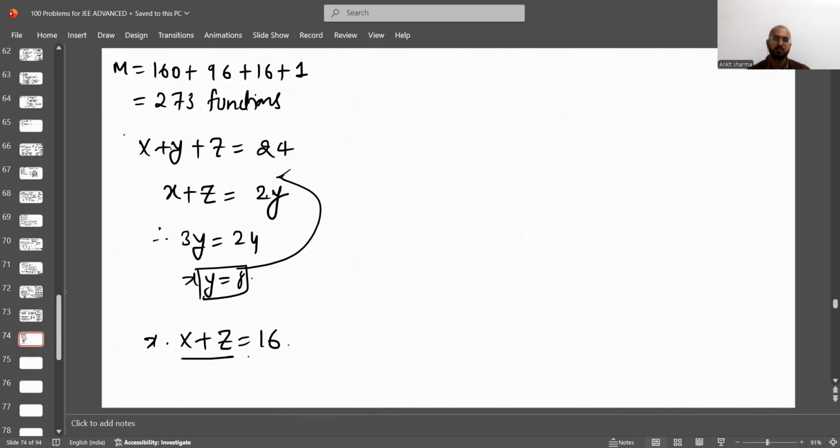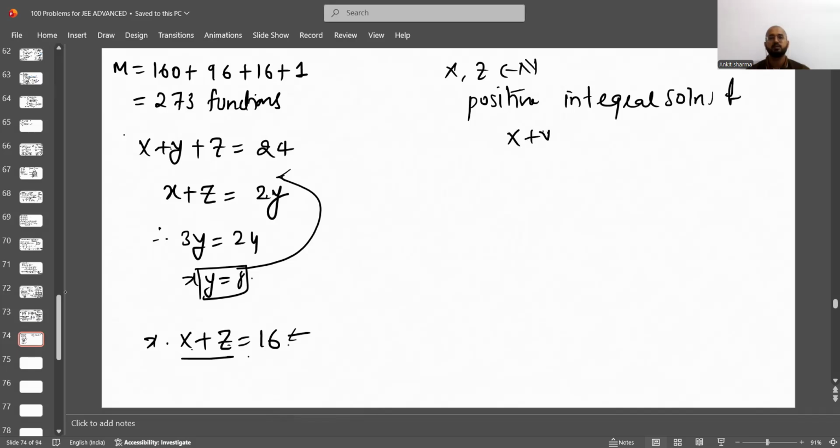Now I need to find the number of solutions here. Now only two variables are left, x and z, and they both belong to natural numbers. That means I need to find the positive integral solutions of x plus z is equal to 16, which is nothing but 15c1, which is 15.